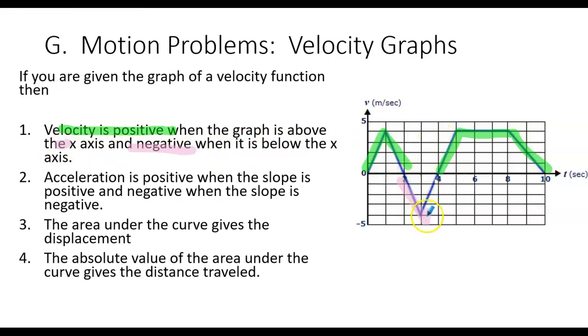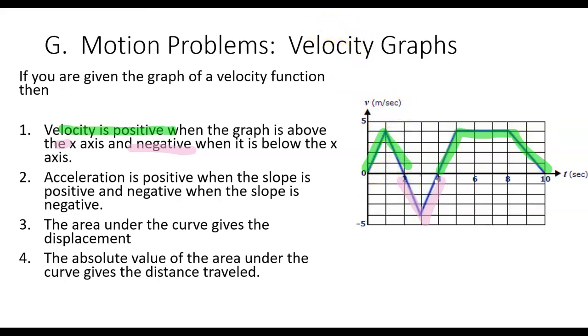So that would be like here, for instance, that's a negative velocity. Now, if this wasn't a velocity graph, if it was a position graph, you'd have a totally different situation on your hands, because it just depends. But in the case of any function they give you, anytime it's above the x-axis, it's positive. So since this is a velocity function, since it's above the x-axis, that means velocity is positive.